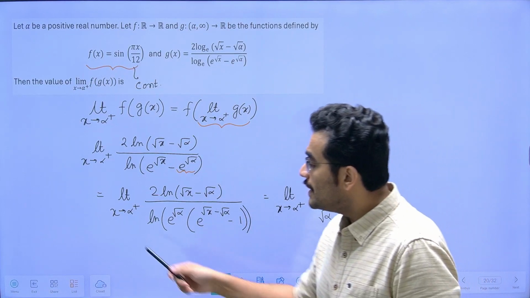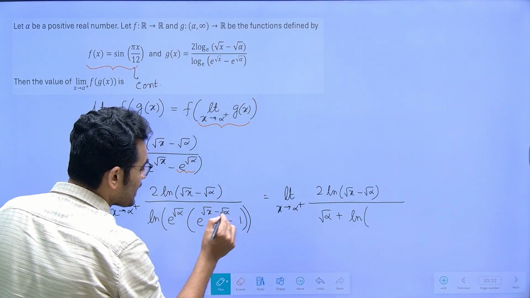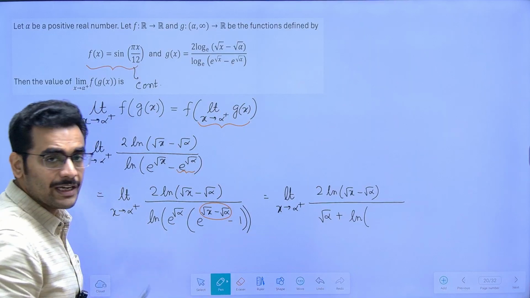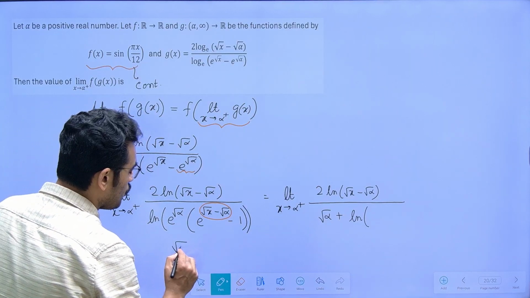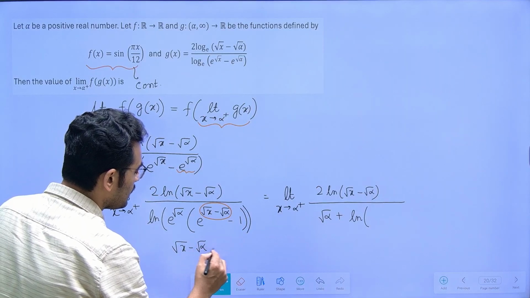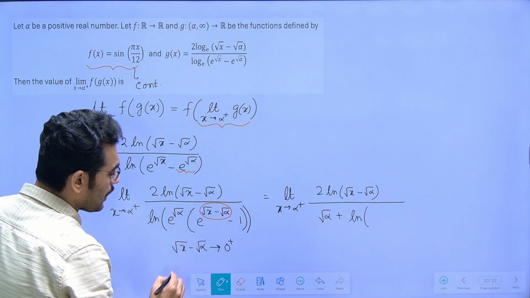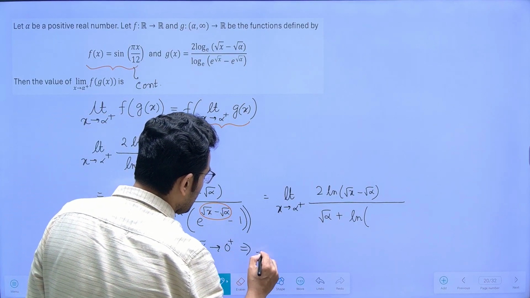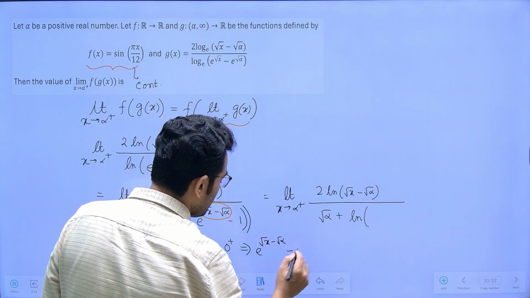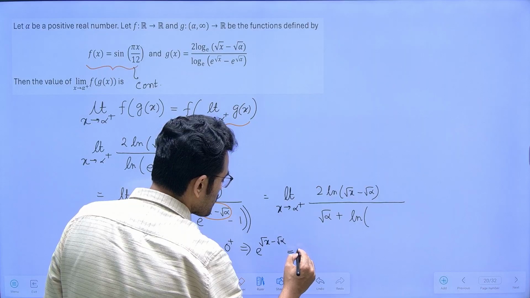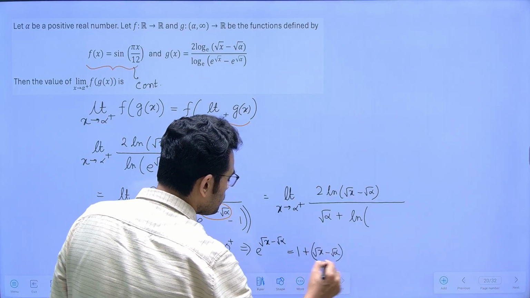Now closely observe that as x tends to alpha plus, √x − √alpha is tending to 0, specifically to 0 plus. Since this is infinitesimally small, I can approximate e^(√x − √alpha) as 1 + (√x − √alpha).